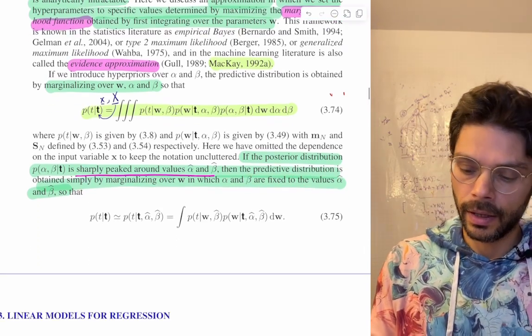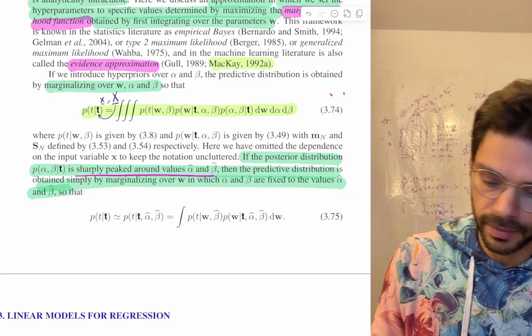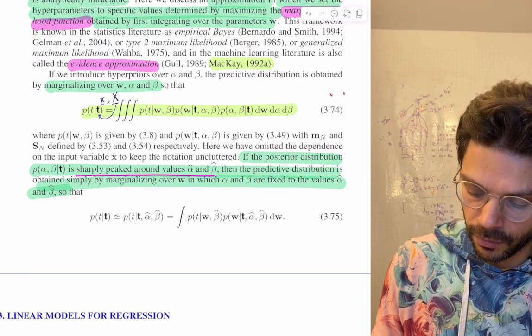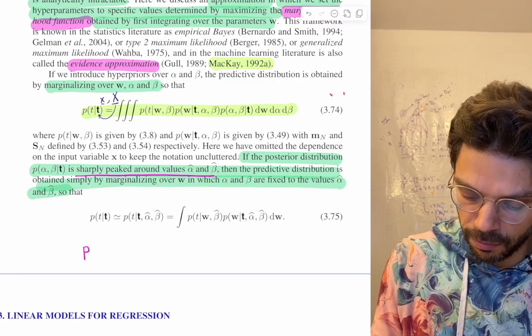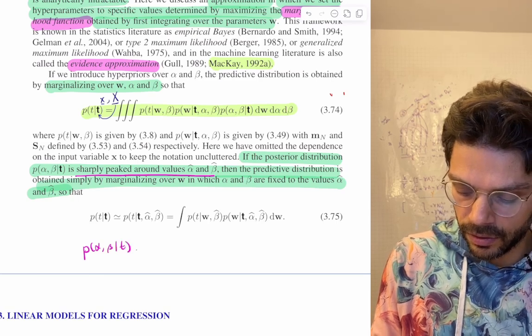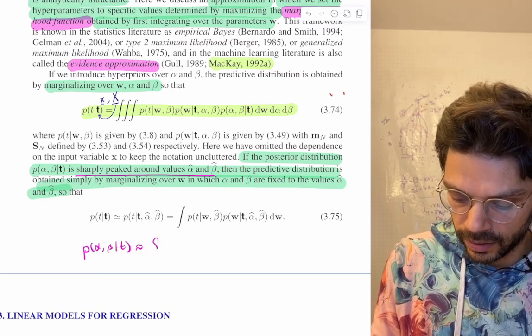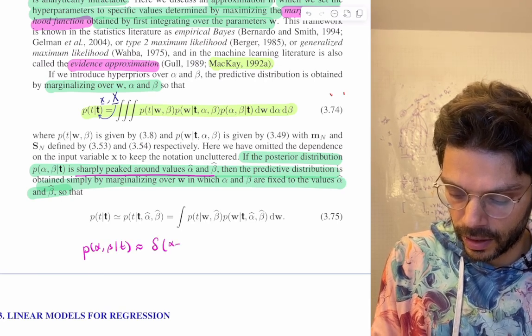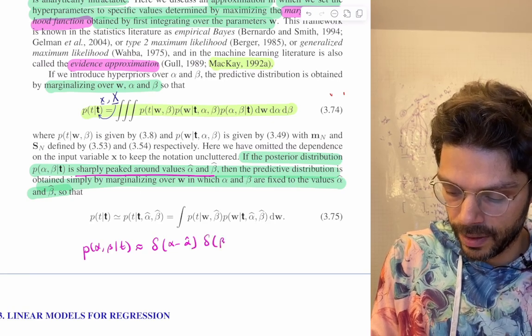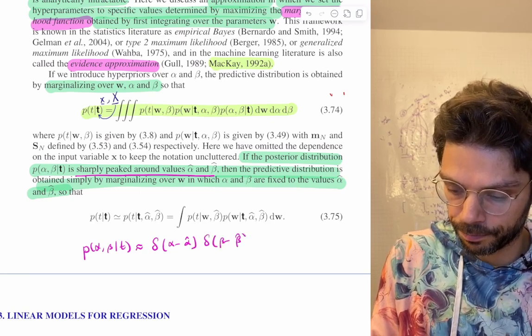So the idea here is, what if P(alpha, beta | t) is approximately equal to two delta functions, delta(alpha minus alpha hat) and delta(beta minus beta hat)?